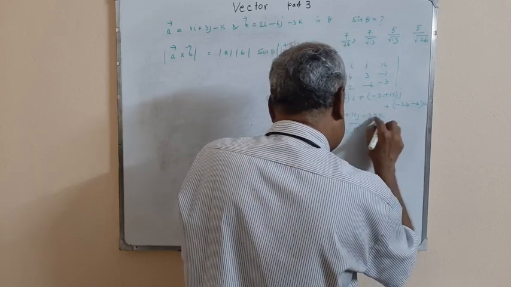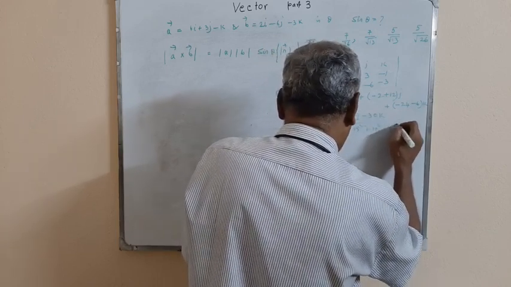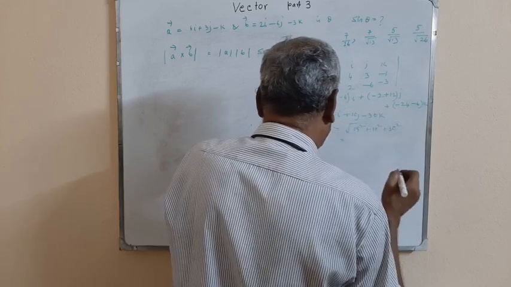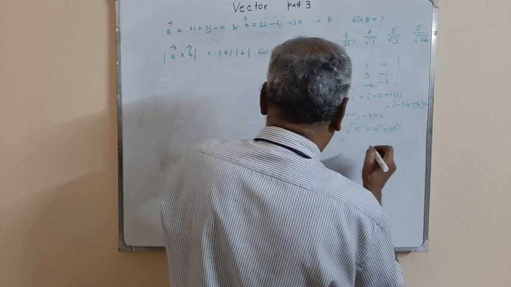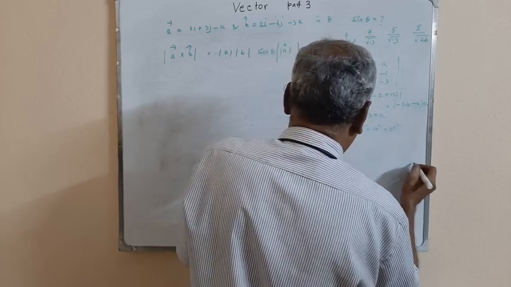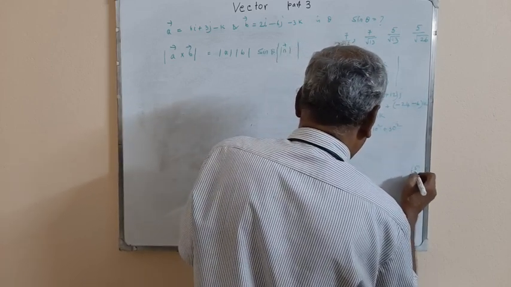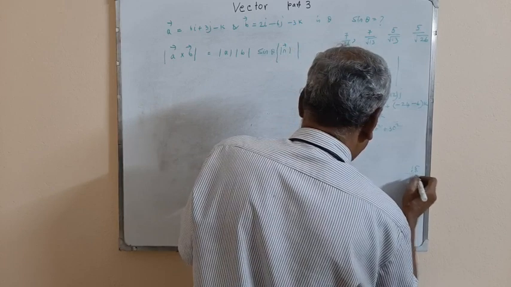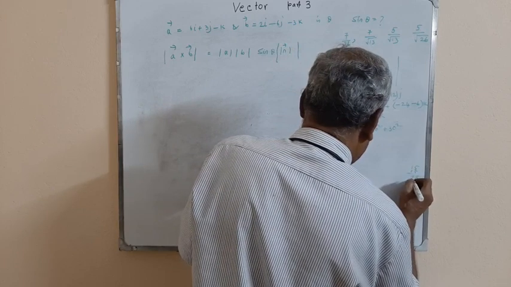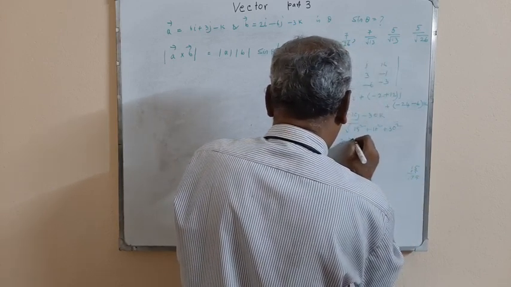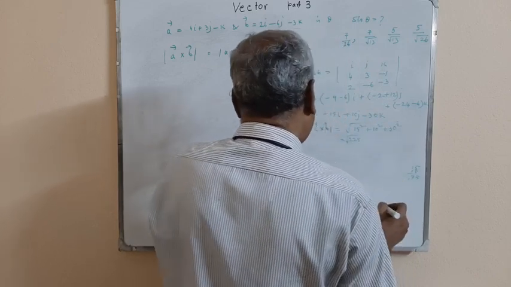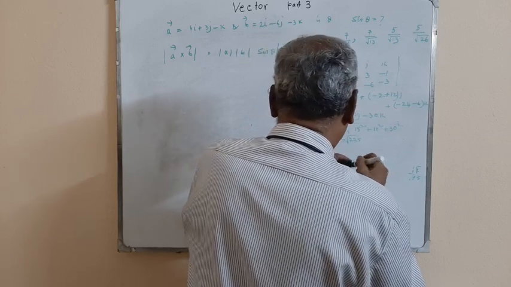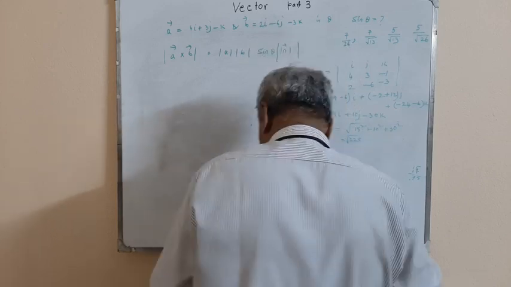It is also minus 30 whole square, that is 30 square. Or rather, we can take 5 square common.